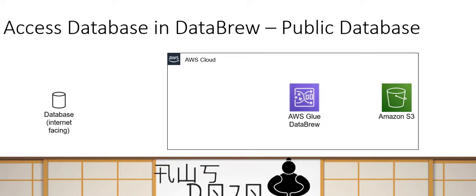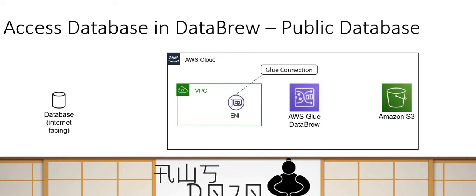In this case, the flow is similar to the previous one. You first create a VPC. And then this VPC will have a Glue connection, and this VPC should be configured in such a way that it can access the database. That means it can access the internet-based resources.